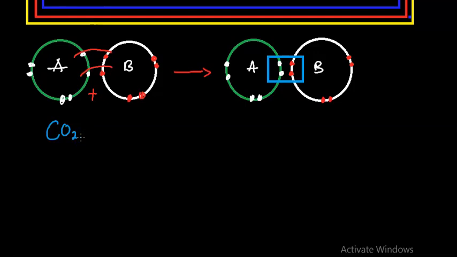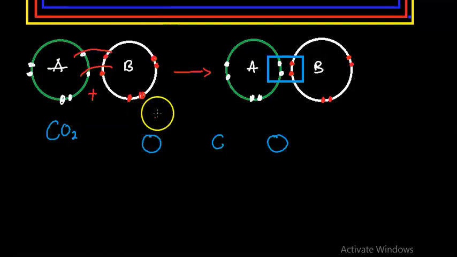Let's see how this is going to look when they share the electrons. We have 2 oxygen, this is 1, and this is 2, and we have 1 carbon. Carbon has 4 valence electrons, while oxygen has 6 valence electrons. Let's show the numbers of valence electrons here.